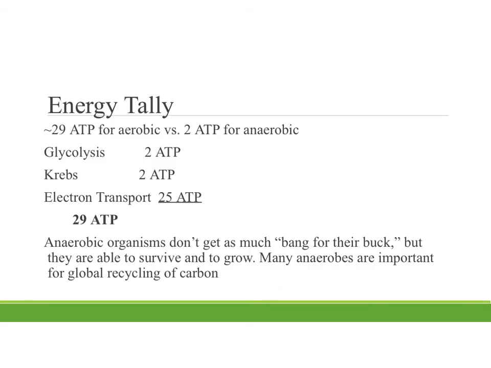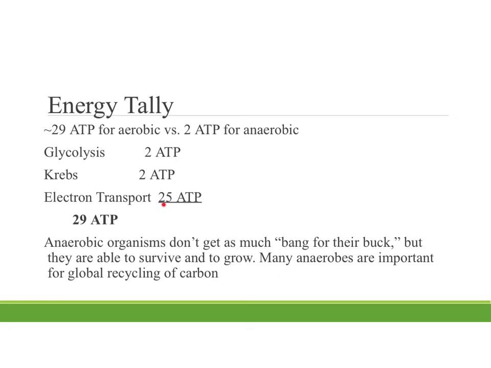So let's look at the energy tally between fermentation and aerobic respiration. So remember, in aerobic respiration, we get about 29 ATP. 2 come from glycolysis, 2 come from Krebs cycle, and then for this tally, I just said 25 ATP through electron transport.